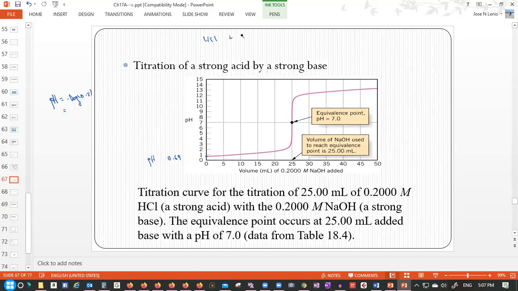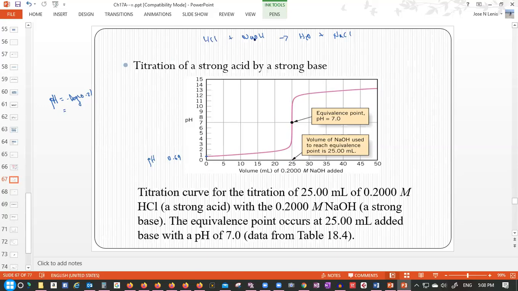HCl plus NaOH gives H2O plus NaCl. The ratio is 1:1. And you are using exactly the same concentration. And you have 25 mLs of the acid, so it makes sense that you will need exactly 25 mLs of the base with exactly the same concentration to neutralize that, because it's 1:1.